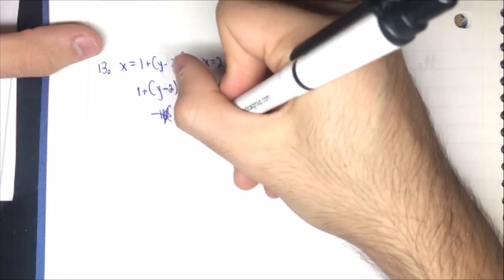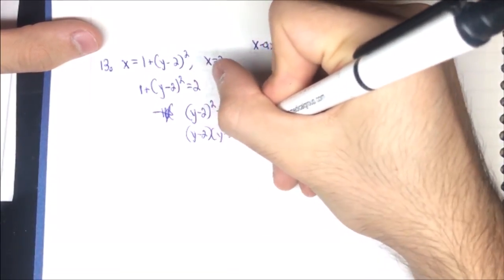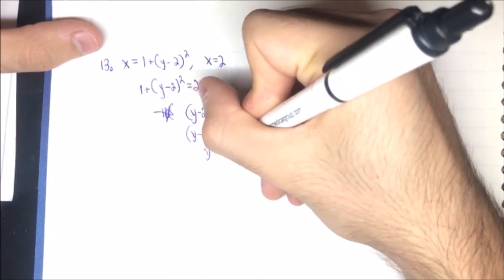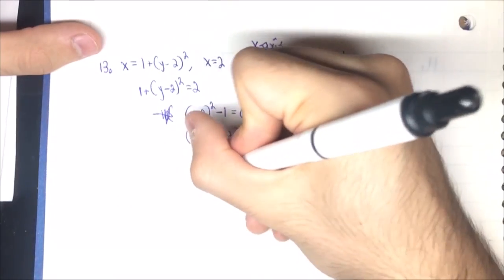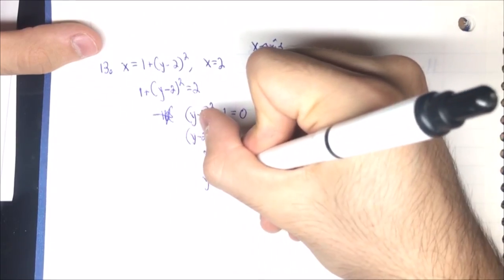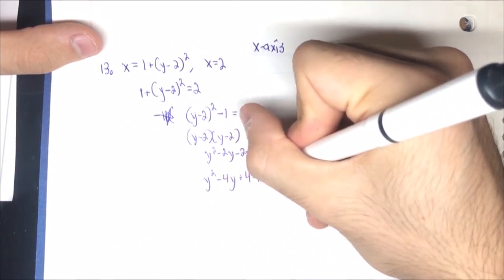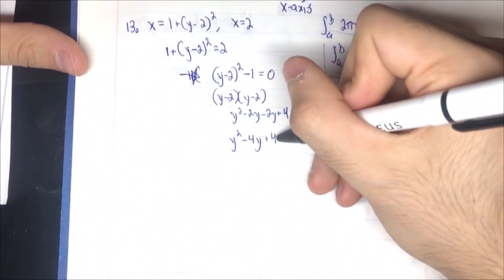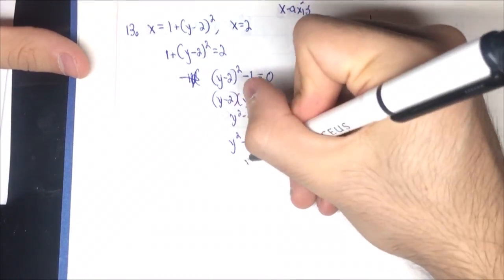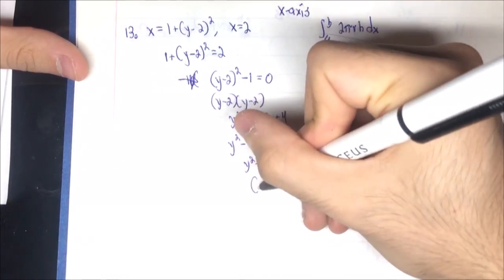And then we gotta FOIL this out, so it's going to be y minus 2 multiplied by y minus 2. That's going to give us y squared minus 4y plus 4. So what we have in here is y squared minus 4y plus 4 minus 1 is equal to 0. And then the 4 and the minus 1 add together to be plus 3.